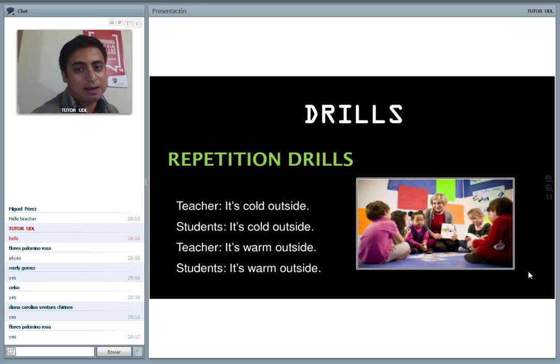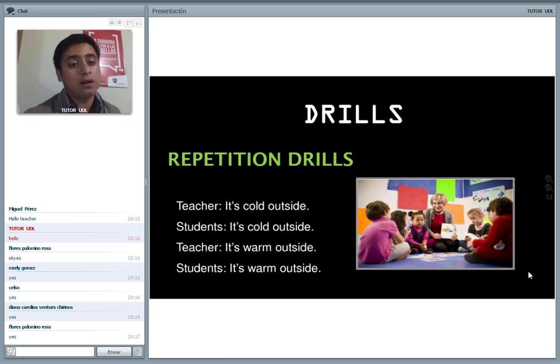Do you remember this kind of technique? That is drills. As you know, drills has different types. A drill is a structure that you can show to your students, and your students follow the same. One of the drills that we have studied during this short course was repetition drills.